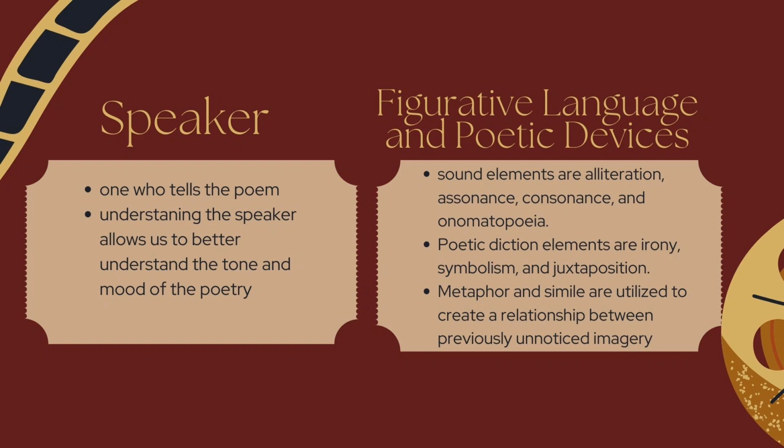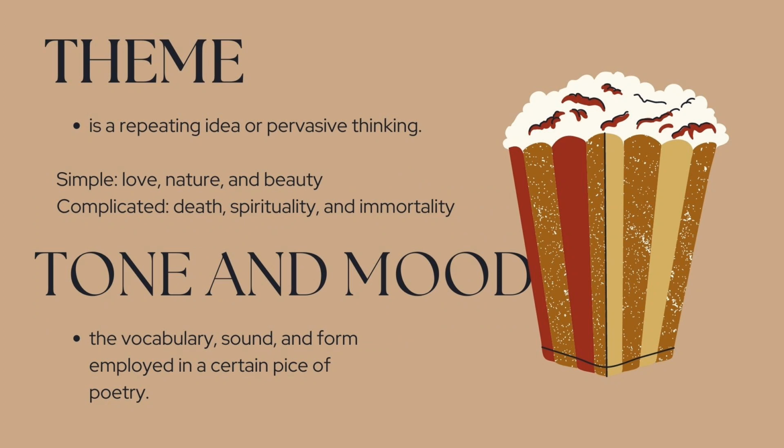It also has poetic diction. Poetic diction elements are irony, symbolism, and juxtaposition. Also, the metaphor and simile are utilized to create a relationship between previously unnoticed imagery. Next slide, please.